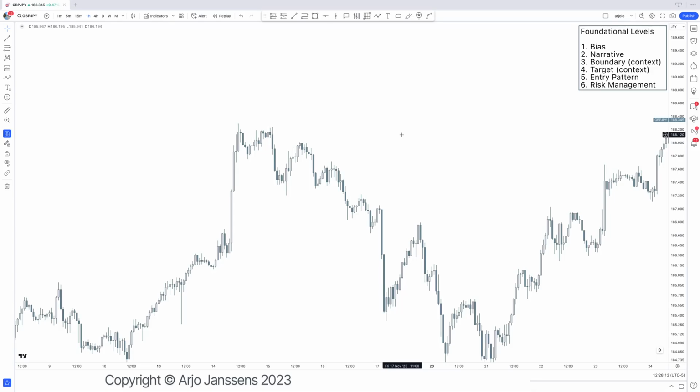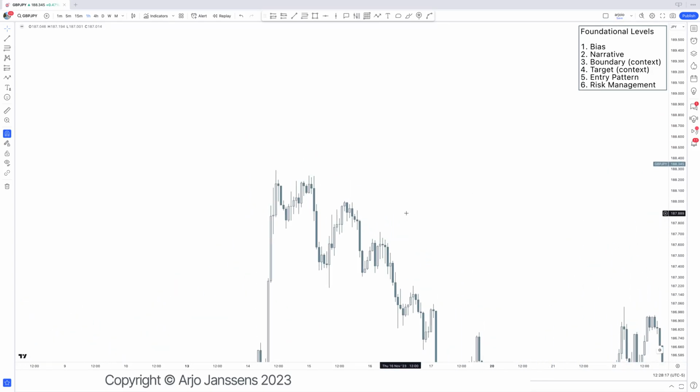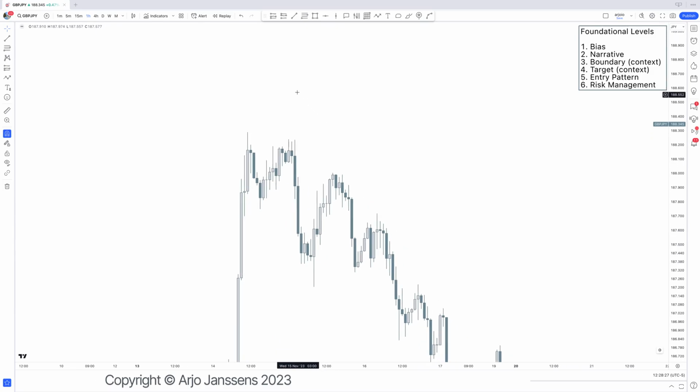Well, the theory is almost a fact that we have right here. So right here, if we follow this leg lower, and again, when I'm referring to a leg, I'm always referring to the most recent leg. So the most recent leg is the most recent swing high with a fair value gap in the leg right there to the swing low.